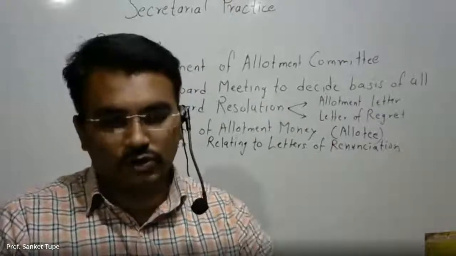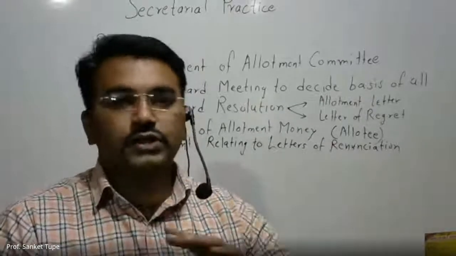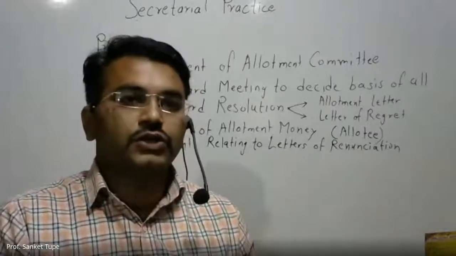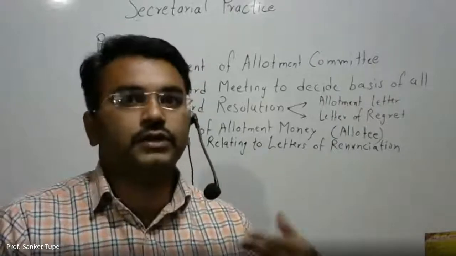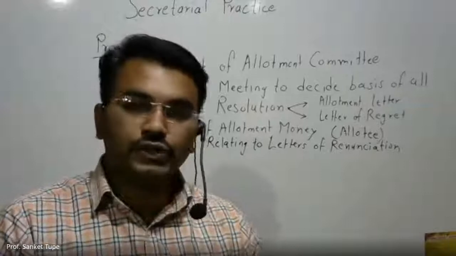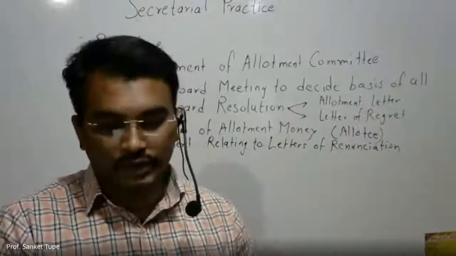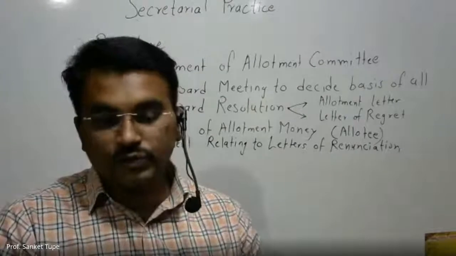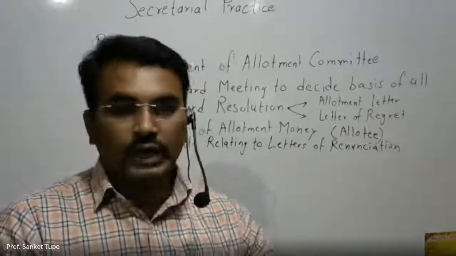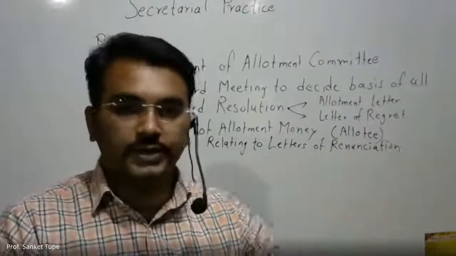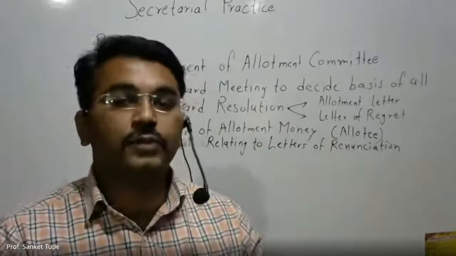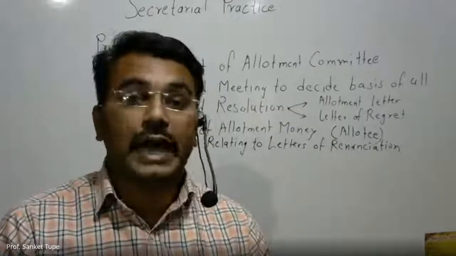The person does not want to purchase those shares himself. Although he has applied, he wants to give those shares to another person of similar value, and in that case, through the arrangement of renunciation, he gives up his right on the shares for which he has applied.